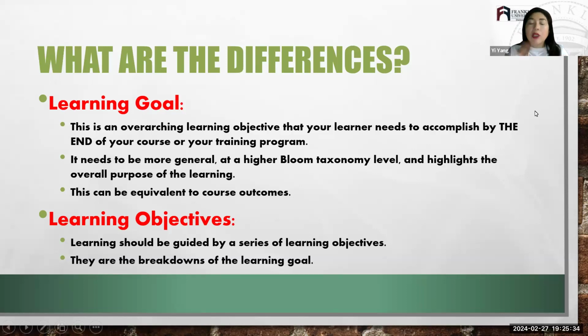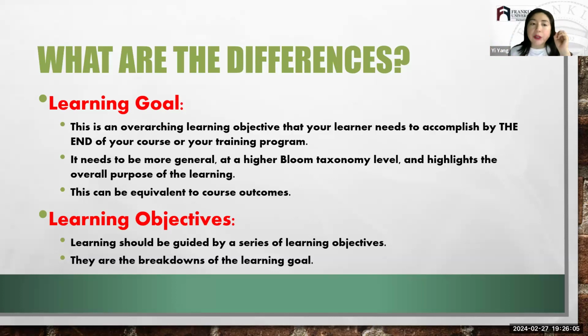A learning goal is an overarching learning objective that your learner needs to accomplish by the end of your course or your training program. So the goal is like the bigger picture, where you say what you want the learner to learn by the end of this course or training program.